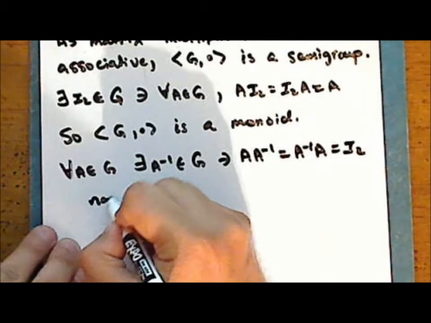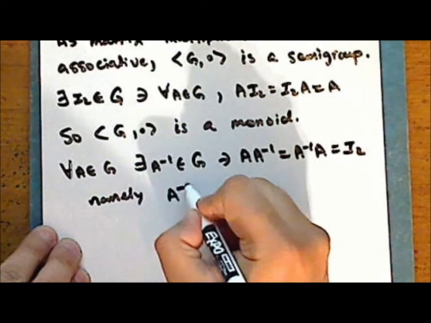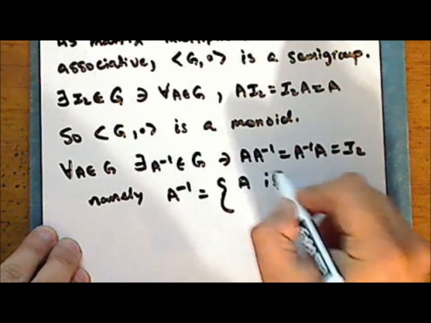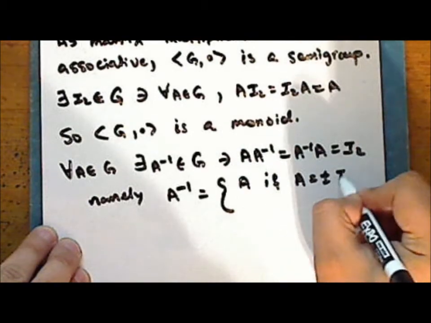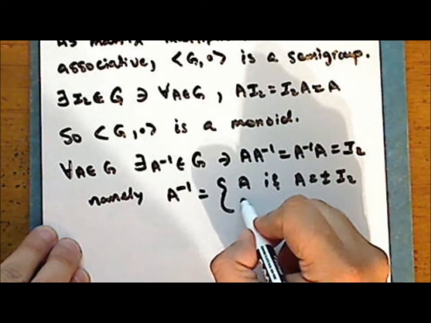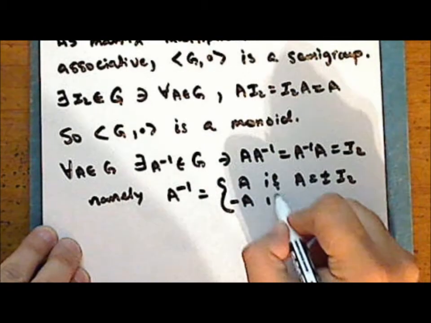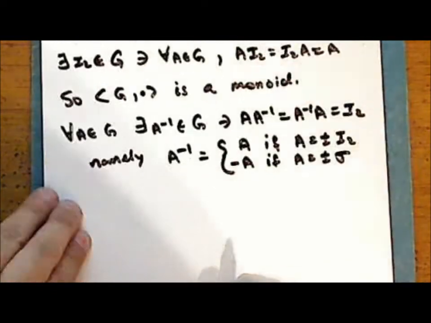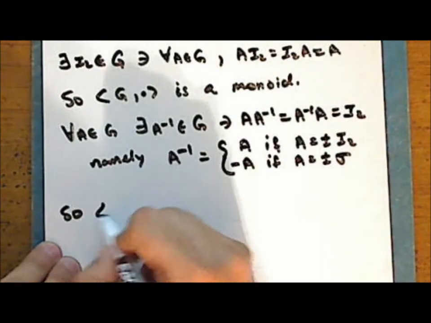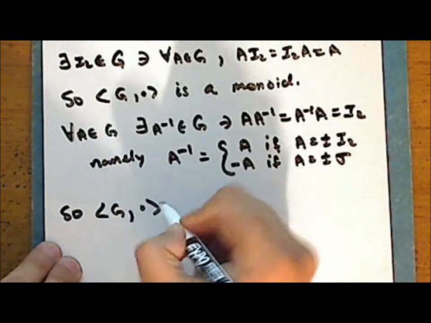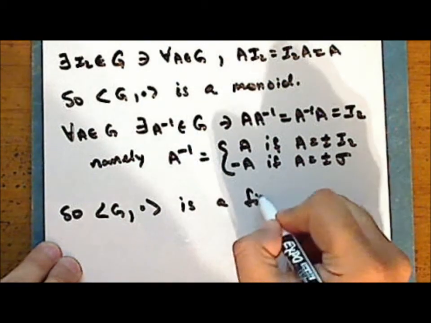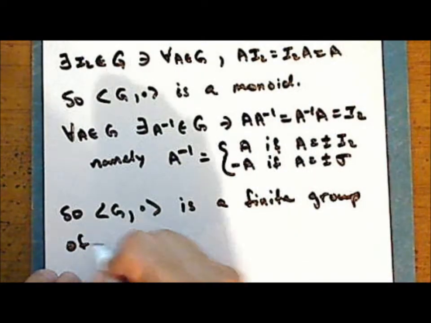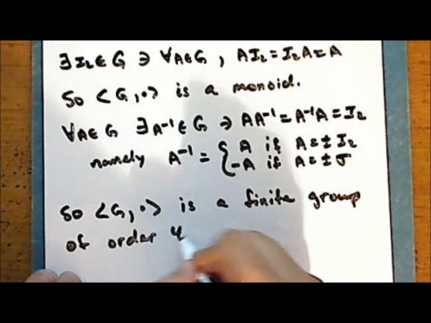And namely, the inverse of the matrix A is the matrix A if A is plus or minus the identity matrix, and is negative A if A is plus or minus the matrix sigma. And so the set G together with multiplication is a finite group of order 4.